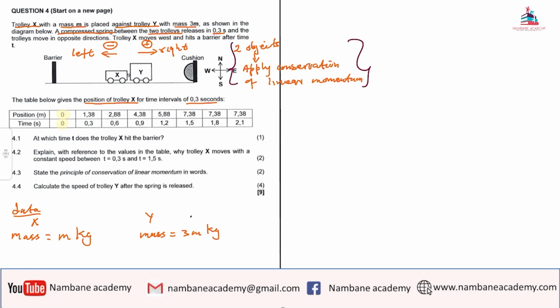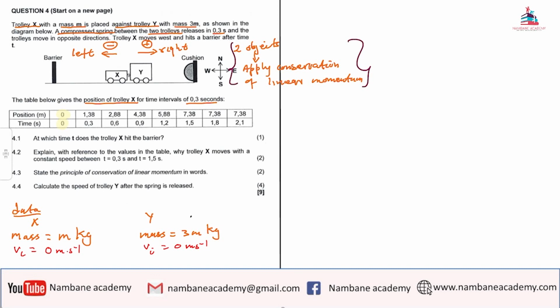Position 0 means both trolley X and Y are stationary. So I can extend my data and say from this information the initial velocity of X is 0 meters per second. The initial velocity of Y is also 0 meters per second.